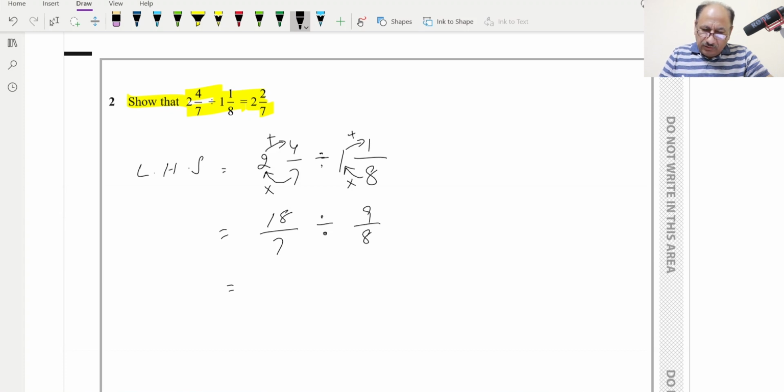And further we can change this division sign into multiplication, and we have to write the reciprocal. So the reciprocal of 9 over 8 will be 8 over 9.